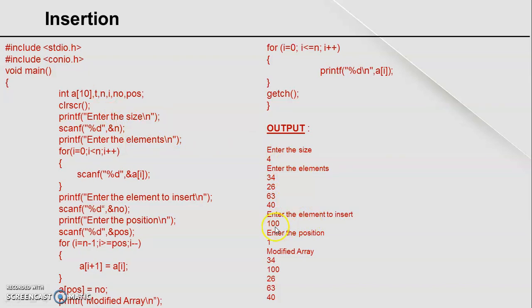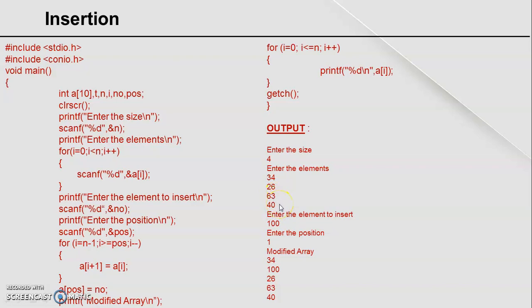Then I want to insert 100 at position number 1. As is clear, in order to insert 100 at this position, I have to shift each element one position ahead. Means 40 is at A of 3, so it will move to A of 4. 63 is at A of 2, so it will move to A of 3.